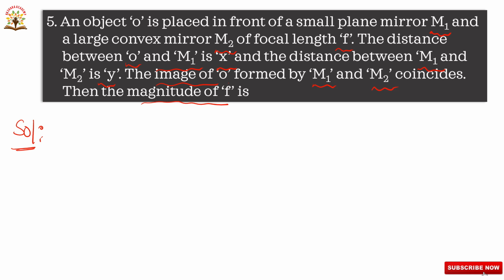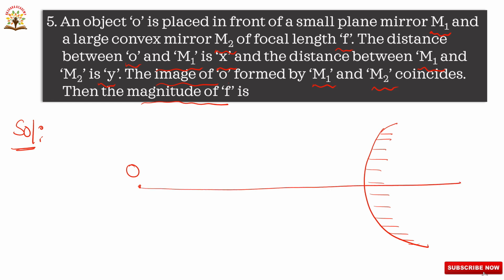Here we are taking a convex mirror. This is the convex mirror, this is the object, and this is the principal axis, and here a small plane mirror M1.